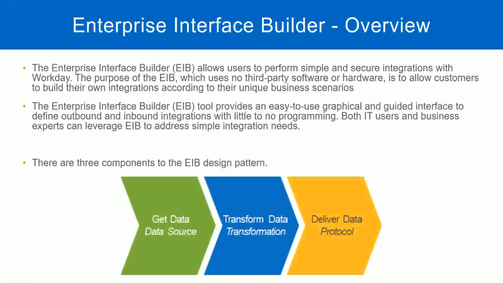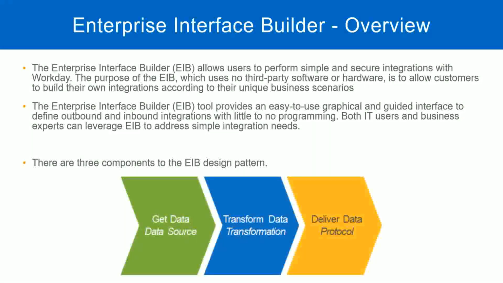The third step will be to send the data to the recipient or to deliver the data. When we create an integration using EIB, we will see these 3 steps there as well. Get data, transform data, deliver data. These are the 3 components in an EIB design pattern.